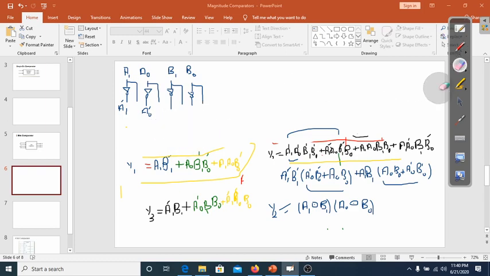So first let us implement y1. So we need three AND gates and one OR gate, which is a 3 input OR gate.